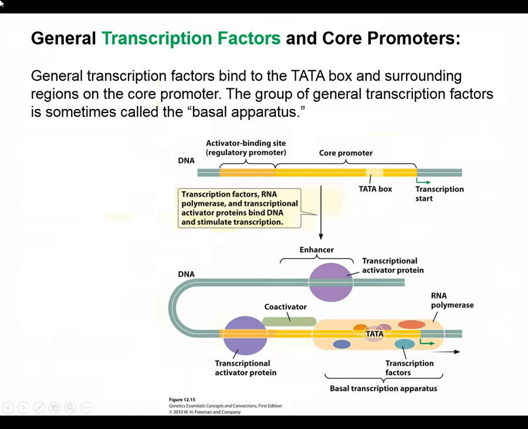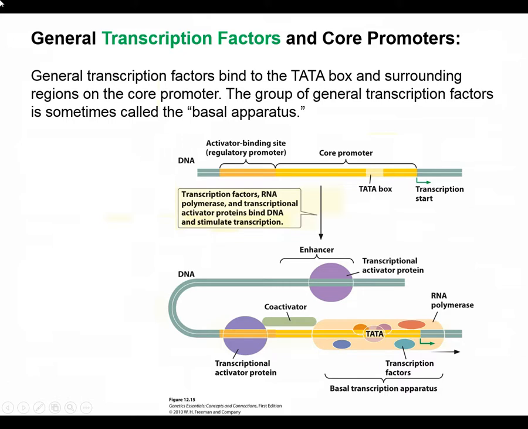Every gene will attract the same exact kind of transcription factors. The transcription factors go by funny names. Most of them are called TF, like transcription factor, and then they have a number and a letter, TF2A, TF2B. And so those things lay down on various parts of the promoter, and that helps to attract the RNA polymerase.